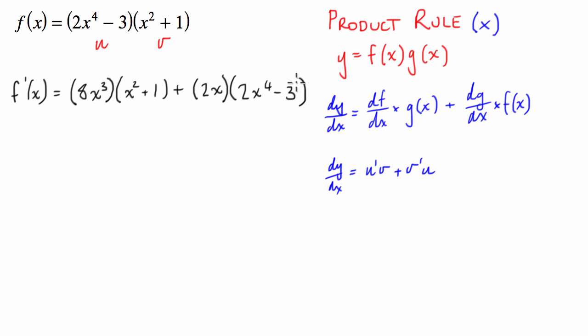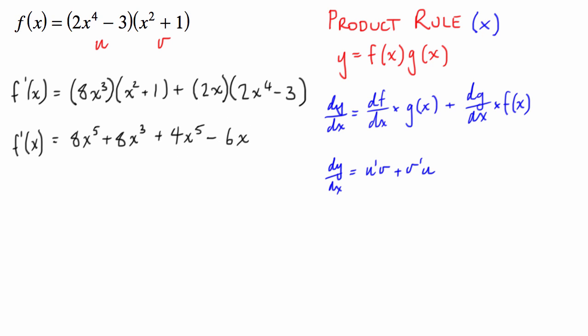Now, we could leave it like that if we really felt like it, but we could also simplify this a little bit. So if we had to do any other things with this problem, we've got f prime of x, we're going to multiply out the brackets: 8x to the 5 plus 8x to the 3, add 4x to the 5 minus 6x.